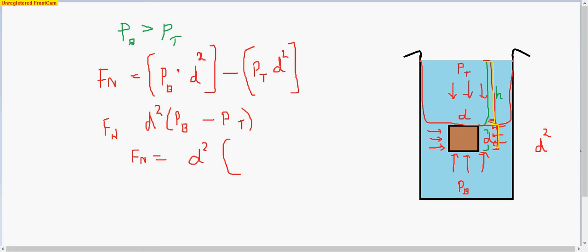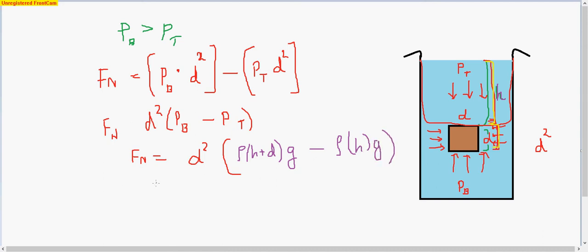Purple will be rho into H plus D into G, right? That is PB. Now what is PT? Rho into, as you know, PT is simply H. There is no H plus D. Rho into H into G, right?